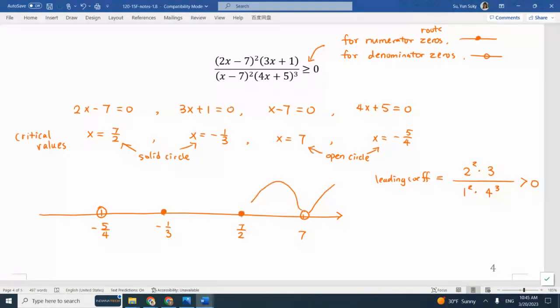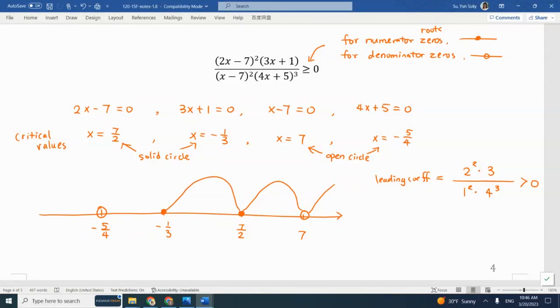So we go back. Then 7/2, what's the multiplicity? Cross. 7/2 corresponds to the factor 2x minus 7. Do you see, everybody? The multiplicity is 1, odd.